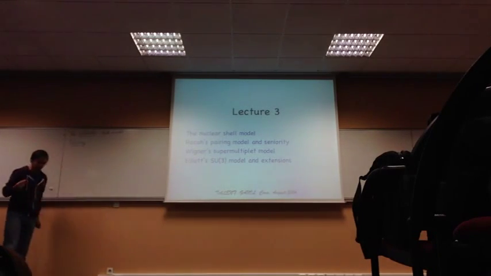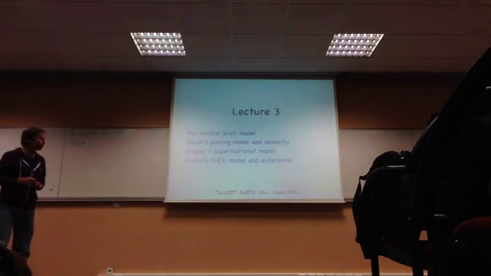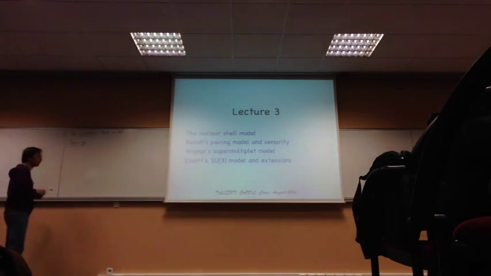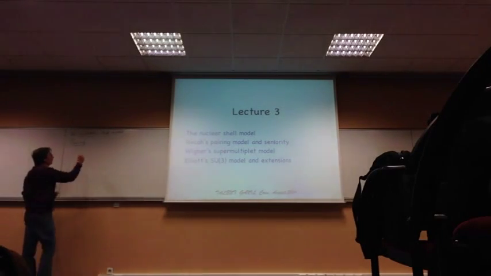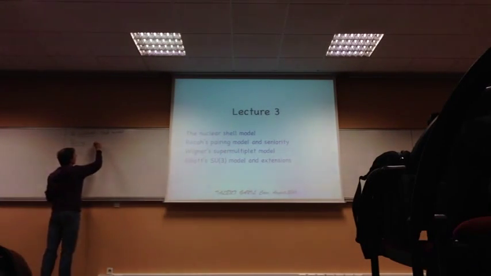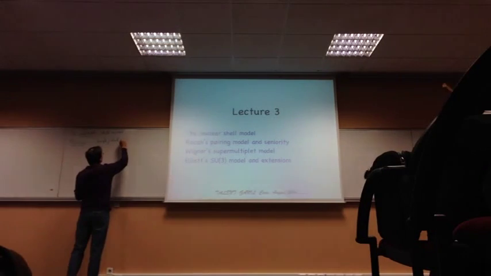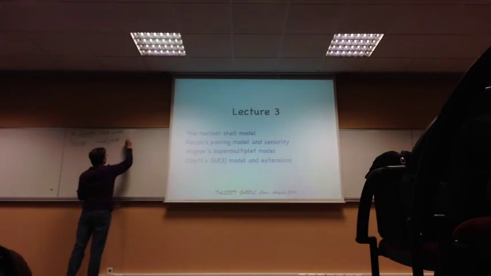There are many versions of pairing and many symmetries depending on the situation, and I would like to start with the simplest situation, where you take a single shell, I will say a single j shell, and I will take identical particles.